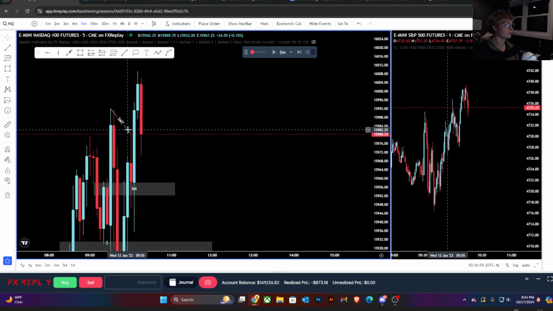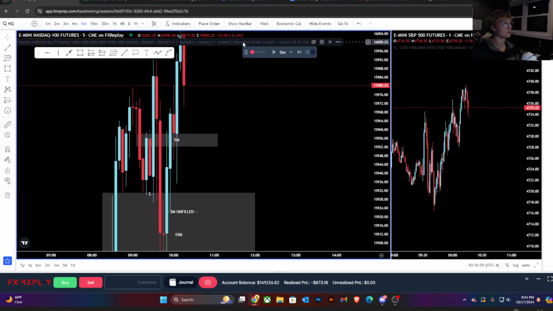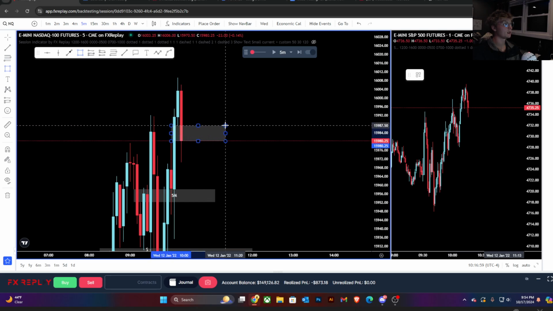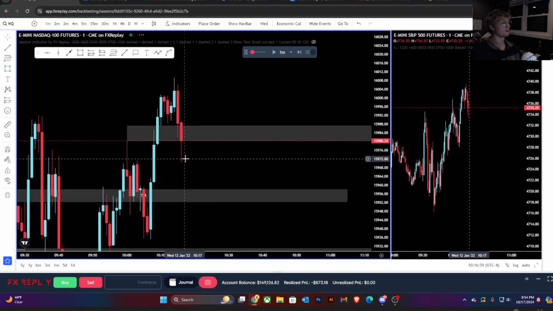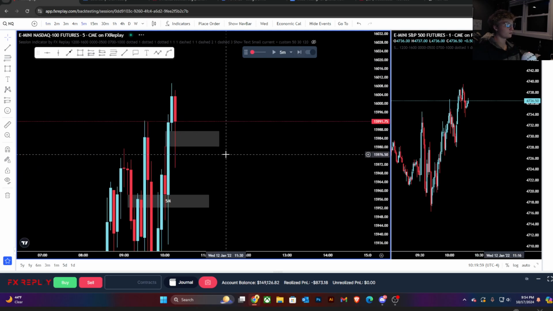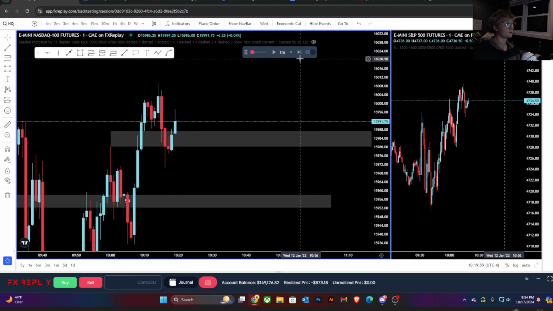Alright. SMT didn't hold. But if we do inverse this 5 minute, I will try the short here. It looks like we're holding that 5 minute.